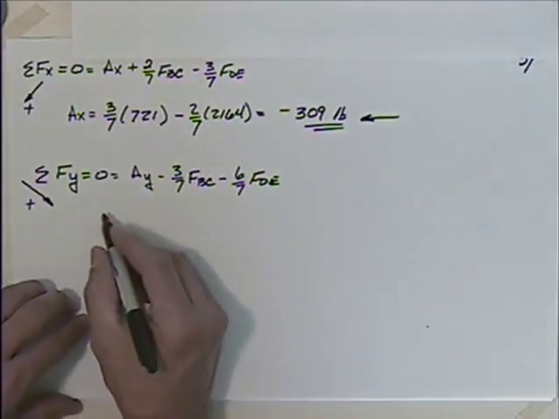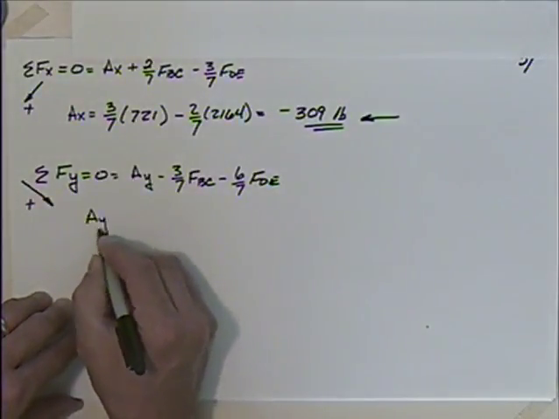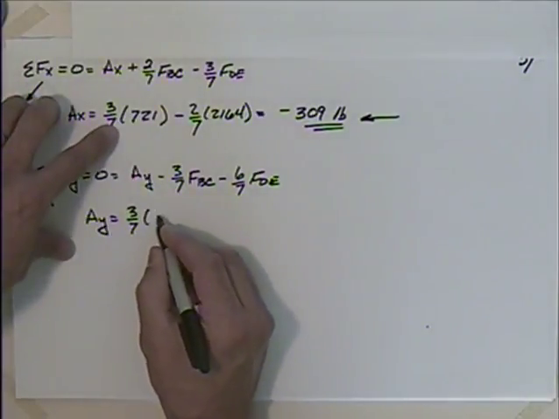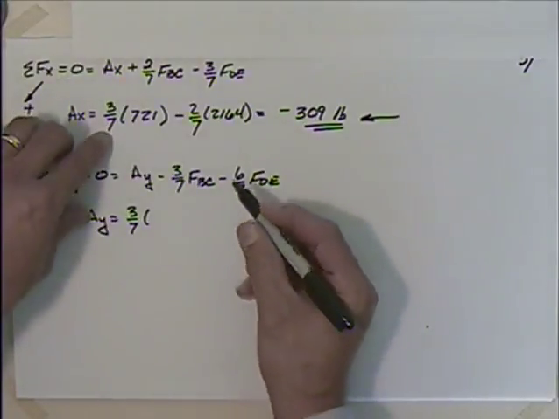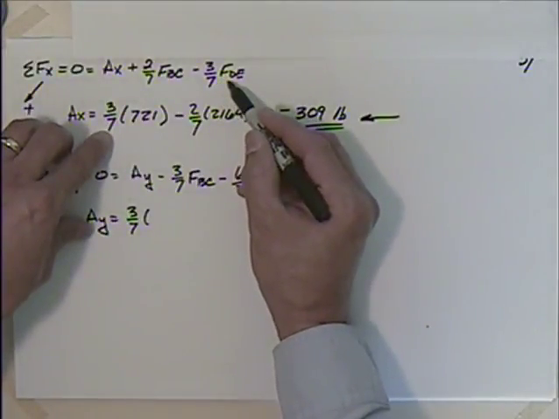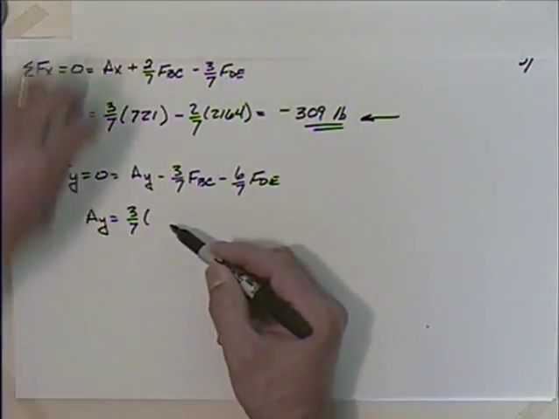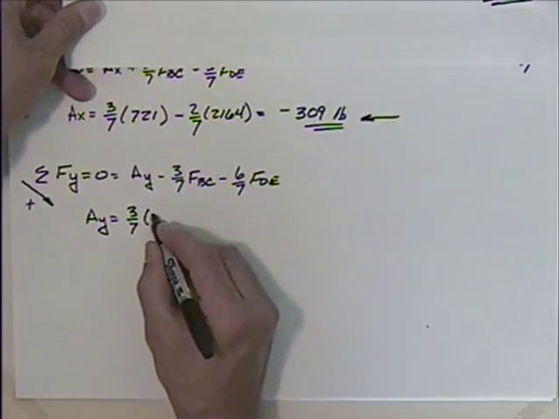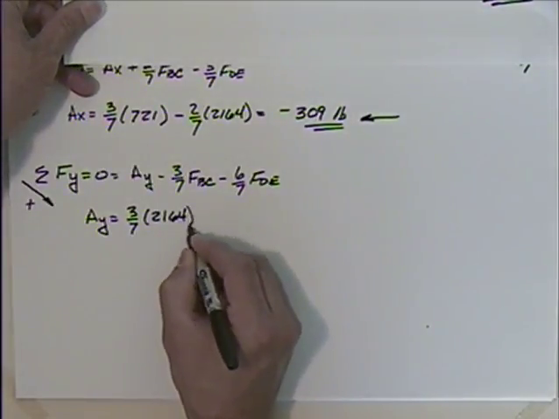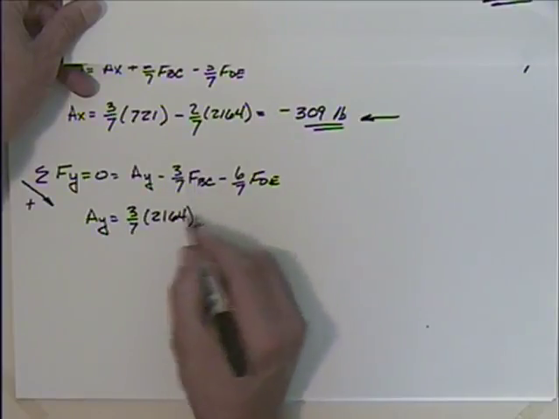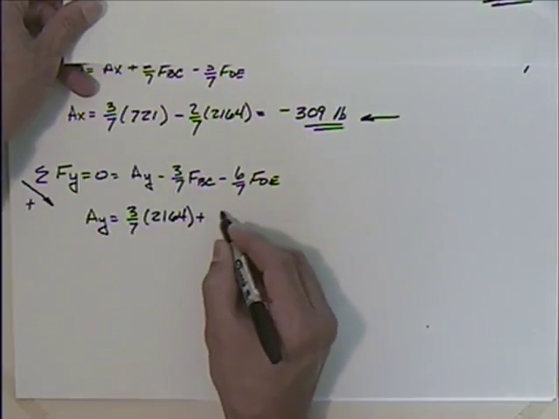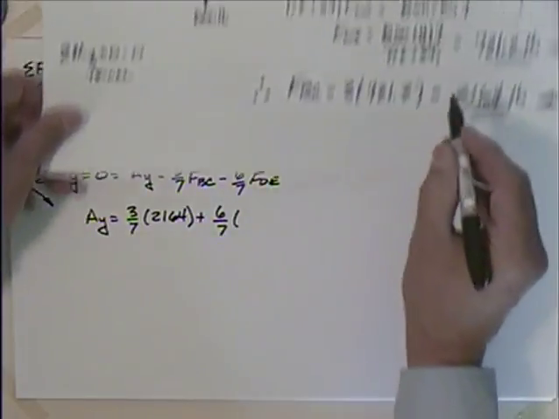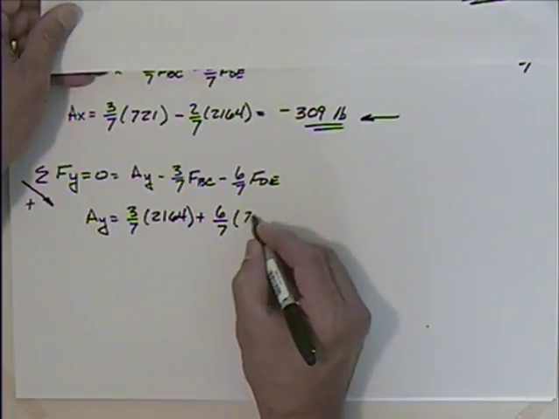So I can say that AY is equal to 3/7 BC, which is what? Let's see, 3/7, where is BC? BC is 2164. That turns to positive. That goes to positive also. 6/7 DE, 721.